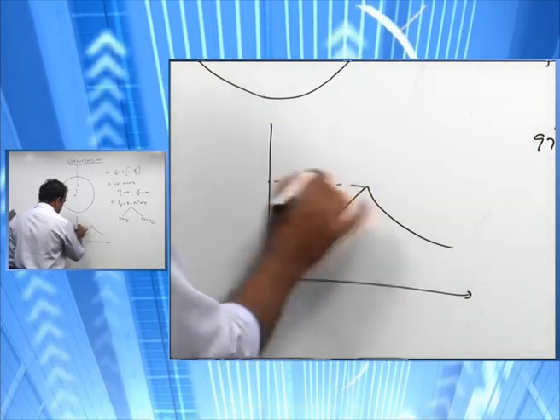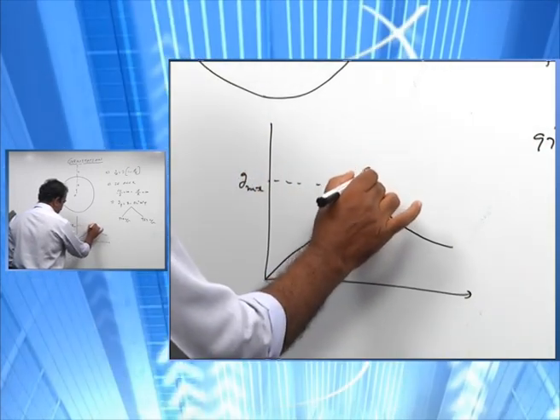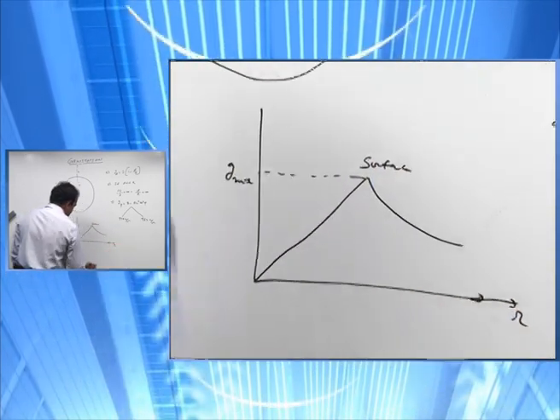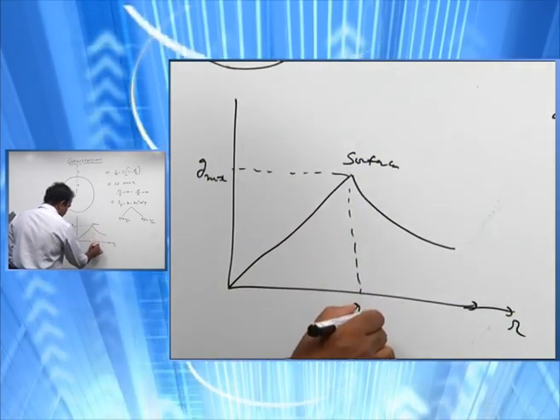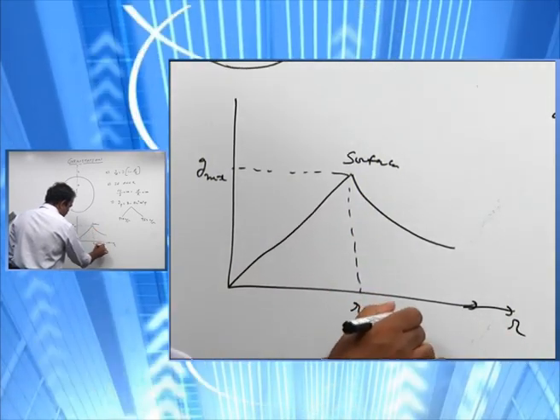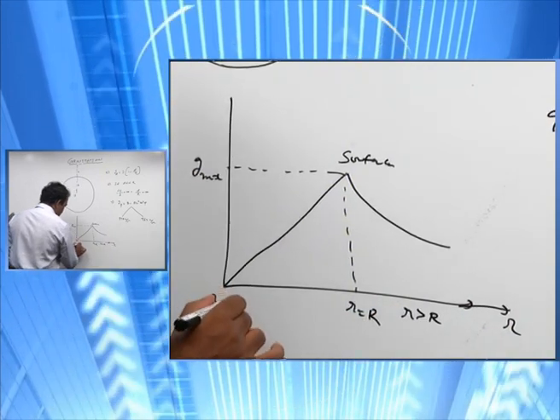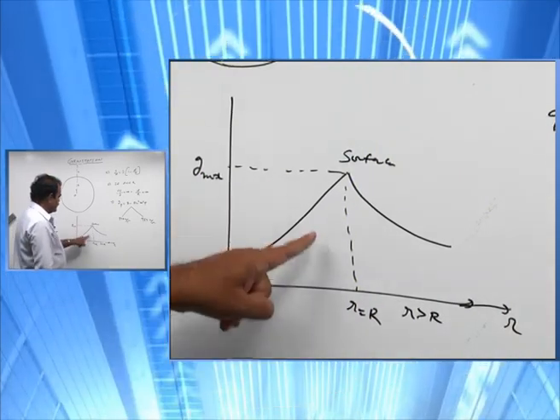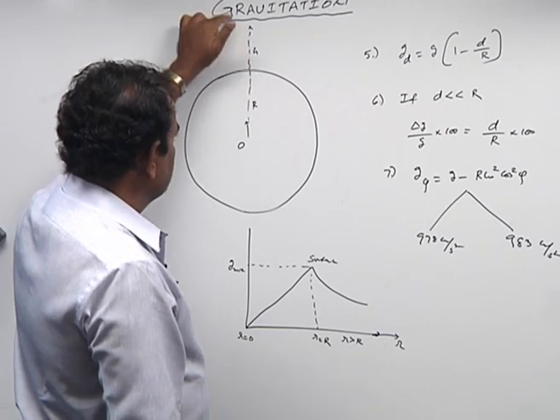That maximum value point we can indicate as the surface, and here we can give the general distance as small r. This point is small r equal to R, here small r is greater than R, and here at the center of the earth, small r is equal to 0. So this is the variation of small g when your body is taken from the center of earth to the altitude above the surface of the earth.